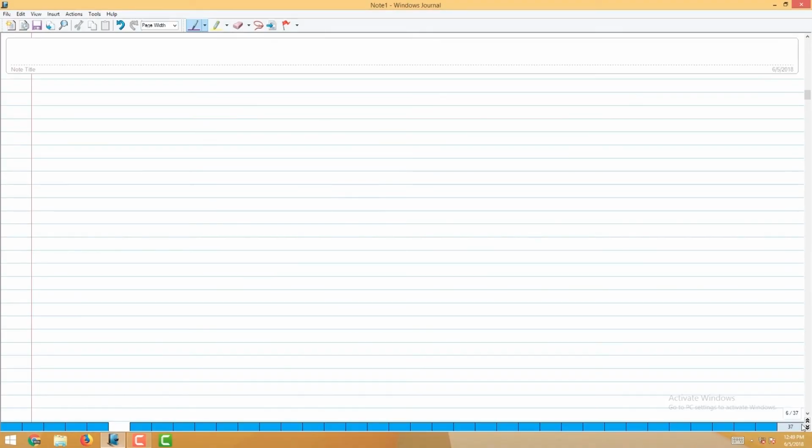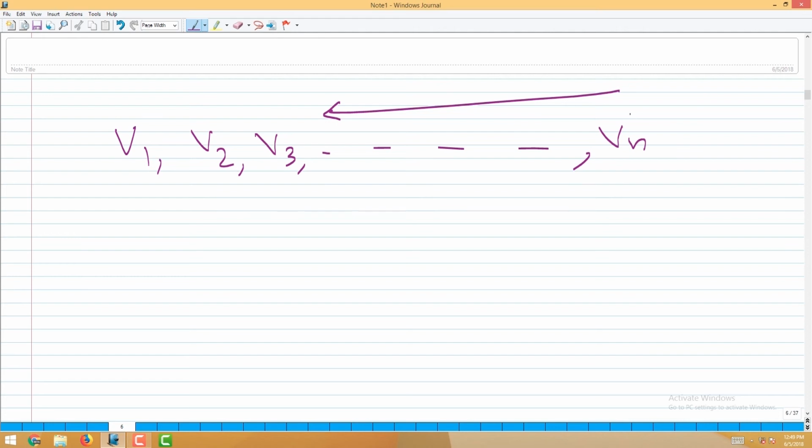Now let us try to construct a structure using maximal cliques of chordal graphs. This we will do using the perfect elimination ordering. Suppose this is the perfect elimination ordering V1, V2, V3, Vn. Now, like we did in the coloring, we start from the last and go backward, right.